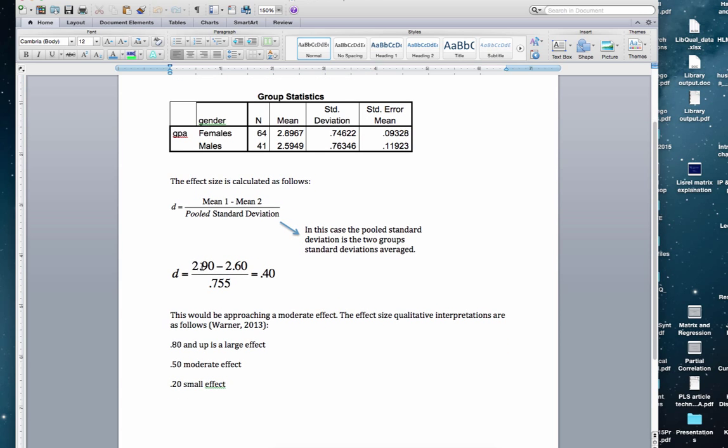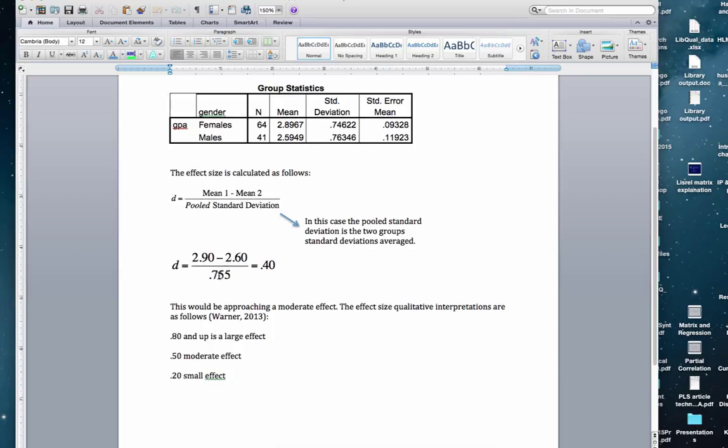If I round off a little bit here to 2.90 and this to 2.66, the average standard deviation is 0.755. If you divide the mean difference, which was 0.308 something, you can get that from your t-test output, by 0.755, the effect size is 0.40.